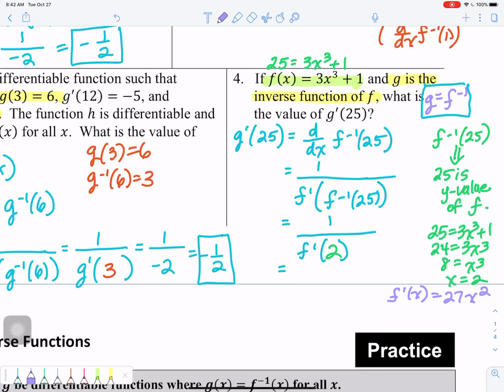Oops, not 27, 9, sorry. And so f prime of 2 is equal to 9 times 4, and that's 36. So we actually have 1 divided by 36. And that's our answer.